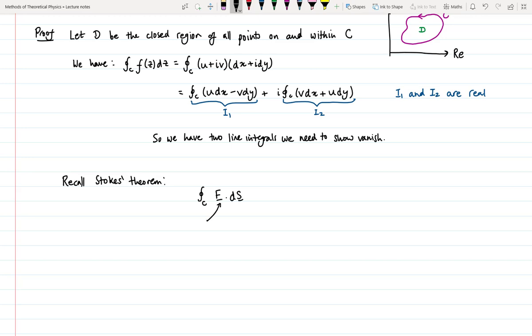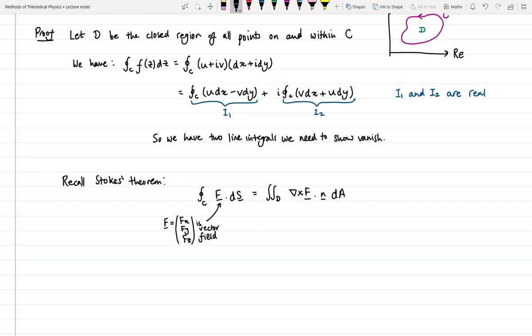Here f is a vector field, which means that it has x, y and z components. It's a vector field. This is given by a surface integral of the curl of that vector field, dotted with some unit vector and an area element.